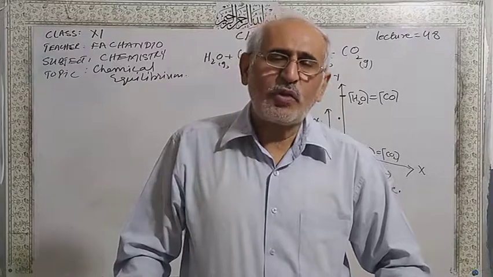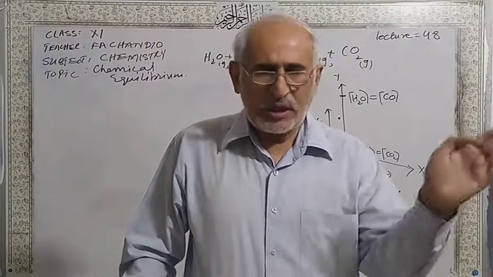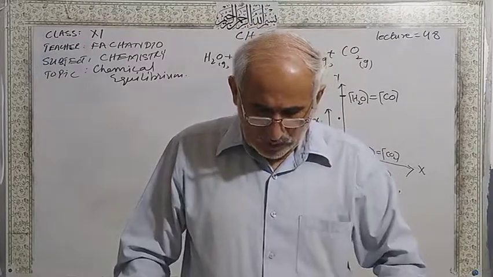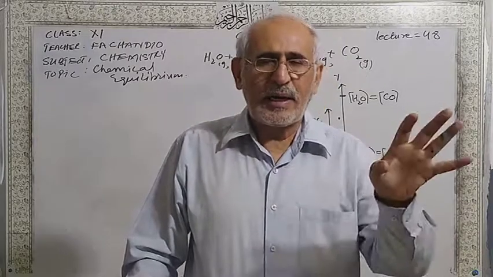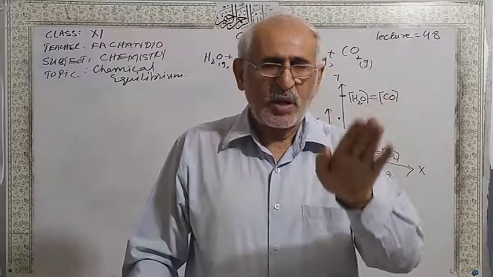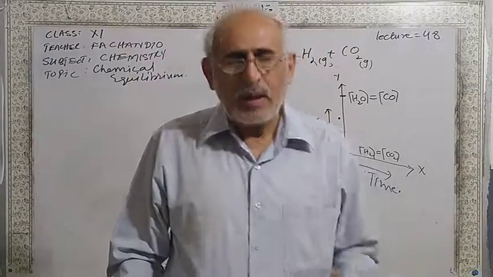The chemical reaction goes forward, gradually showing the forward reaction. As the molecules of hydrogen and carbon dioxide gas accumulate, the concentration of the products increases.